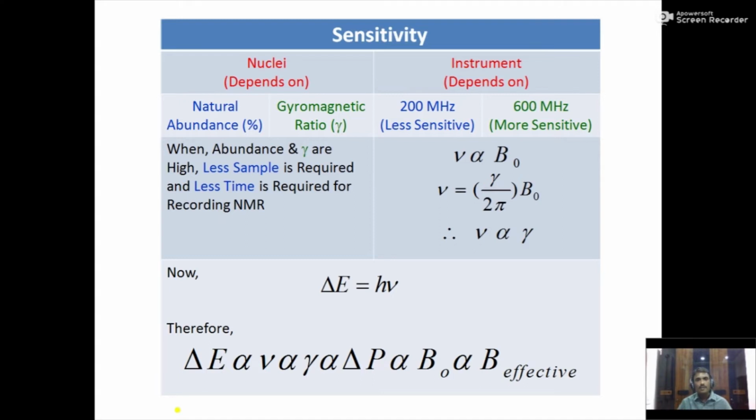So abundance and gyromagnetic ratio should be high. So we can say that the sensitivity is high in case of that nuclei.